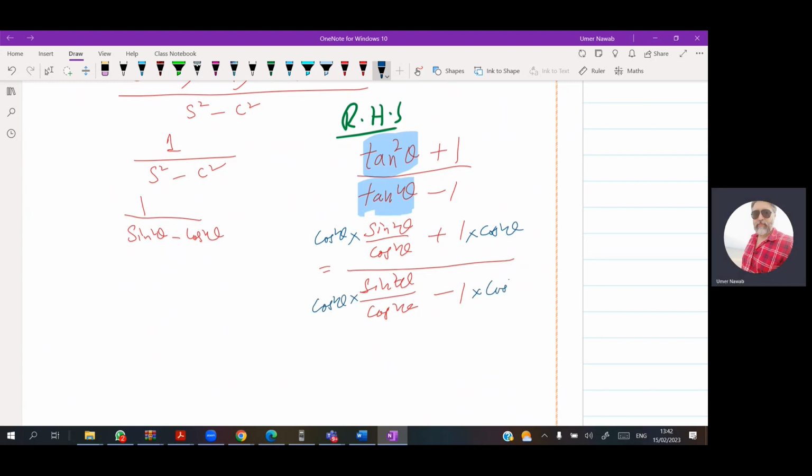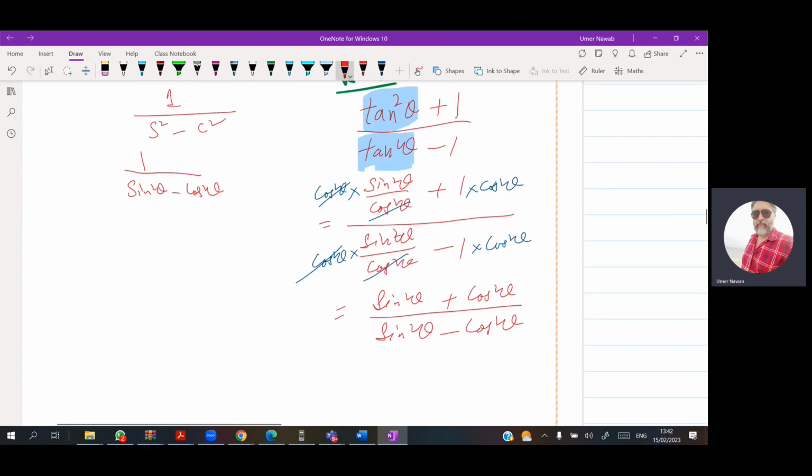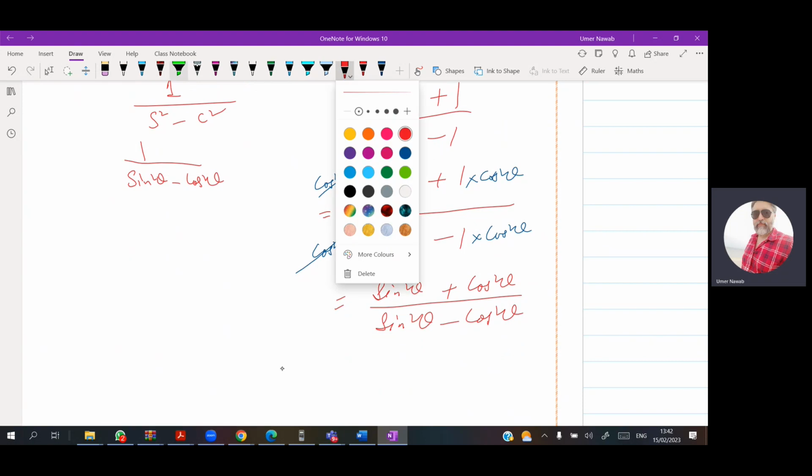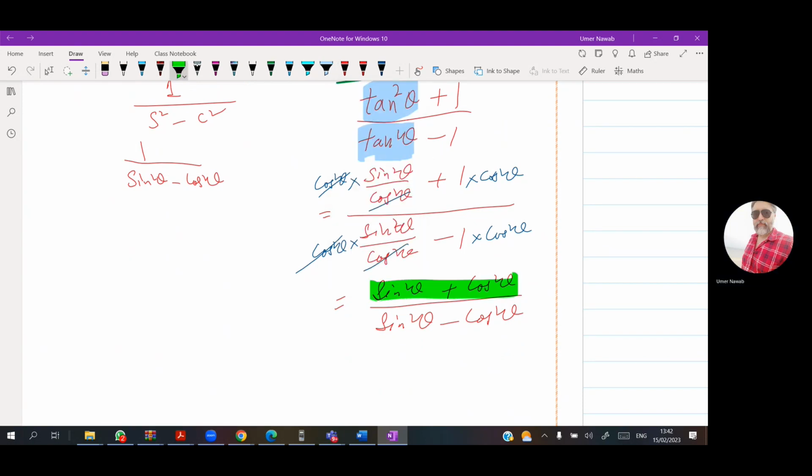Every term I'm multiplying with cosine square theta. This is cancelled, this is cancelled. What is left on the top? I'm left with sine square theta plus cosine square theta, and in the denominator, sine square theta minus cosine square theta. Guys, you remember the top is equal to 1. So this top is equal to 1 over.